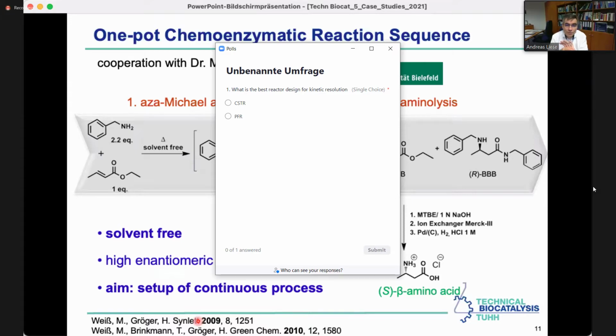Okay, so the majority of you is for the plug flow reactor. Yeah, good to see. But the question is, who could explain why? I think it would be because we could immobilize enzymes and use it as a packed bed reactor. And that way we could essentially bring in more enzymes into the reaction while still having a kinetic resolution.